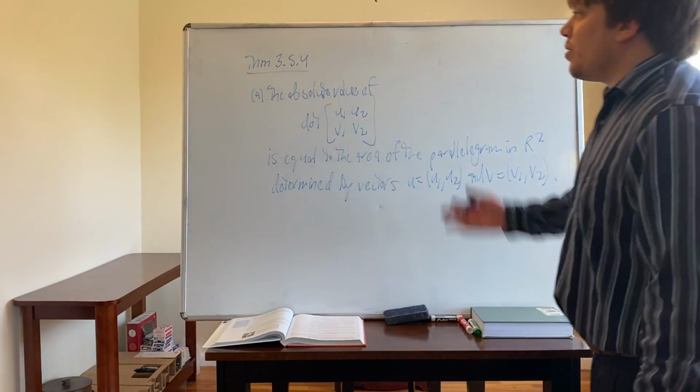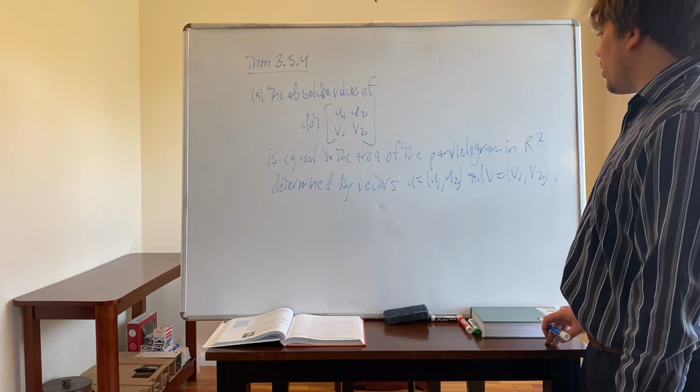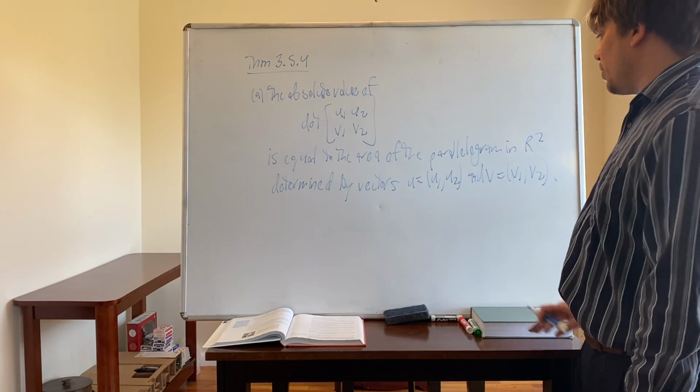Okay, so theorem 3.5.4, the absolute value of that determinant is equal to the area of the parallelogram in R2 determined by vectors U and V.